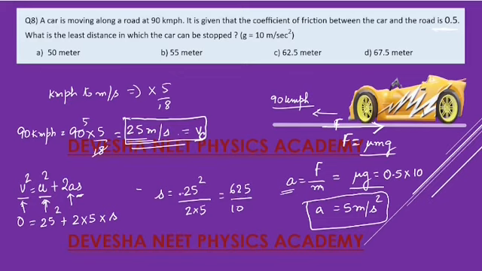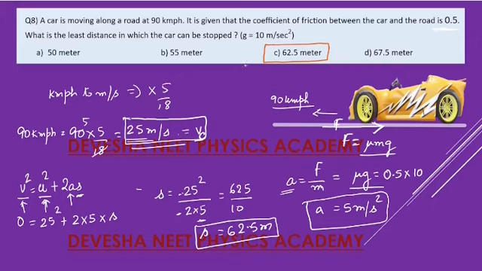This acceleration is actually negative here, so if you put negative here, automatically it will manage. So this is equal to 62.5 meters. The distance at which it will stop is 62.5 meters. Given the answers, 62.5 meters is the answer.